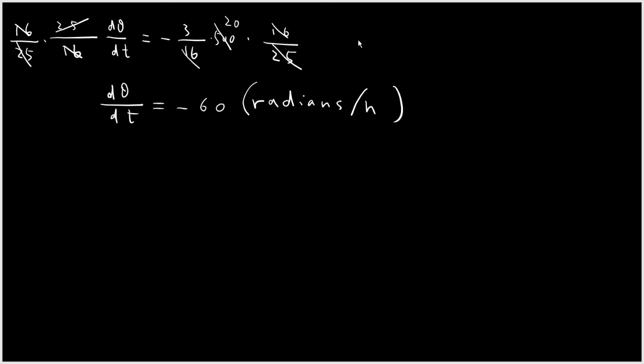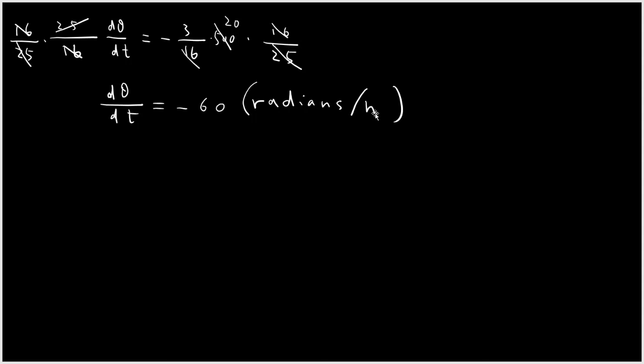Because as the plane is flying further and further away from you, the angle of elevation you imagine is getting smaller and smaller. That's why we have a negative rate of change. Also, this number might be looking a little bit too big, but the measurement here is in radians per hour. 1 hour is long, right?